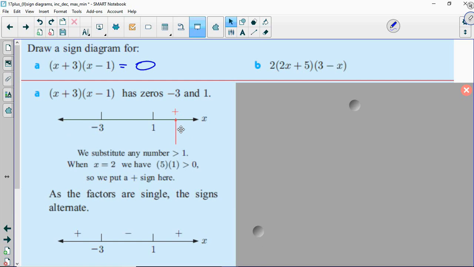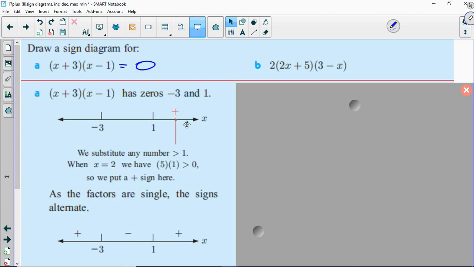Any values you want. I encourage you to choose easy values. So I would say choose integers. So in the example here, they did x equals 2. Well, if we put in 2 here, we got 5 times 1, which is 5. But 5 is a positive number, so we put a plus here.